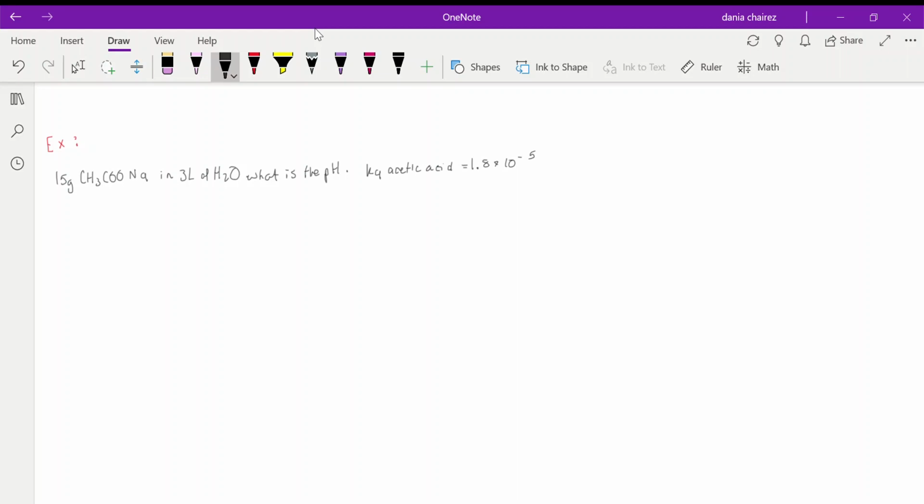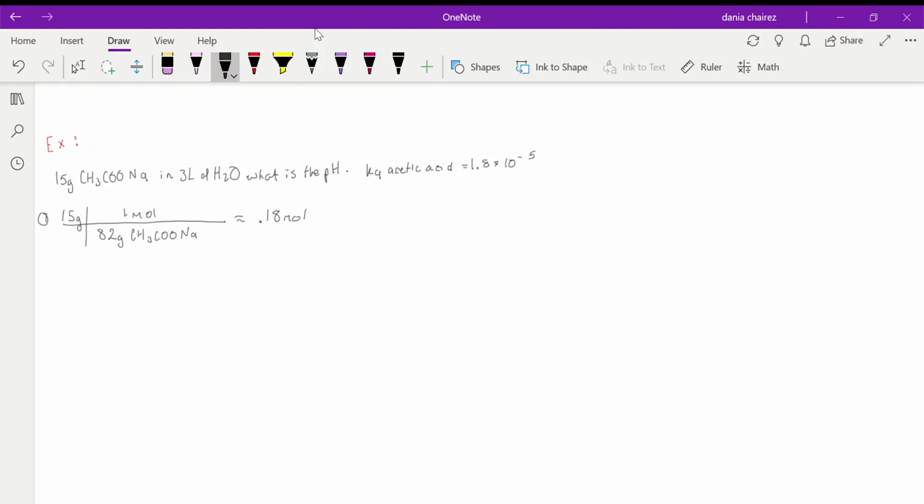So our first step here is going to be to figure out our moles of sodium acetate. So we're going to do 15 grams over its molecular weight, which for me ended up being 82 grams of sodium acetate over 1 mole. So we end up with about 0.18 moles.